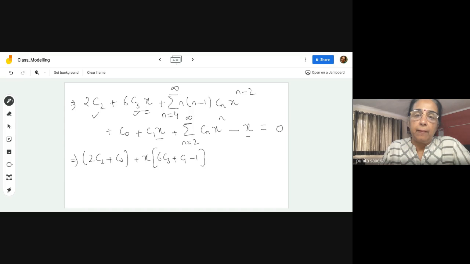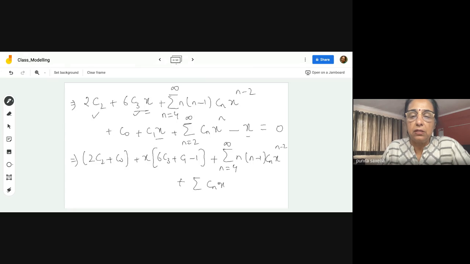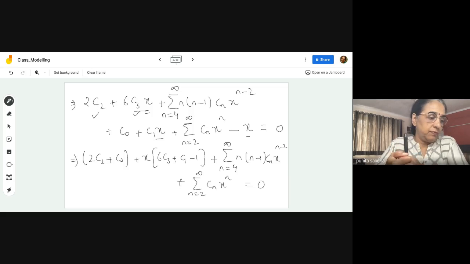Plus summation n from 4 to infinity n into n minus 1 Cn x to the n minus 2, plus summation Cn x^n, n from 2 to infinity, equal to 0. Is this okay?